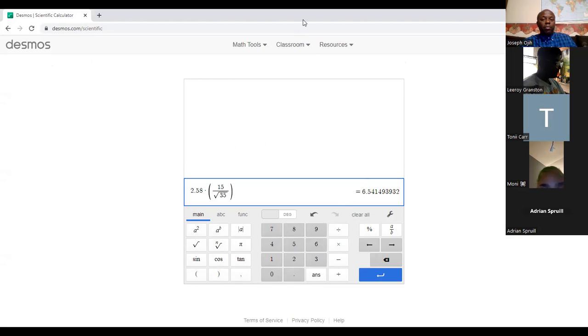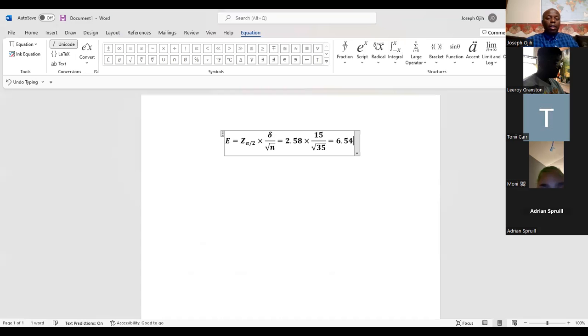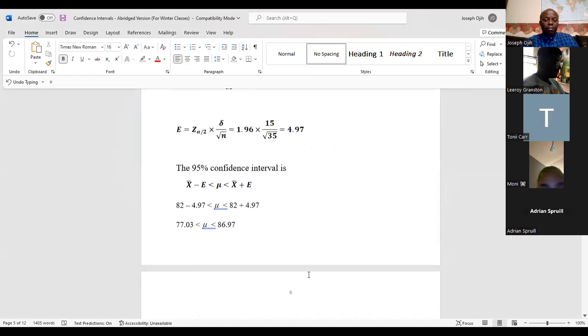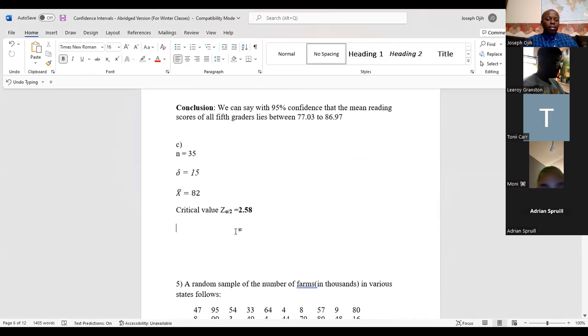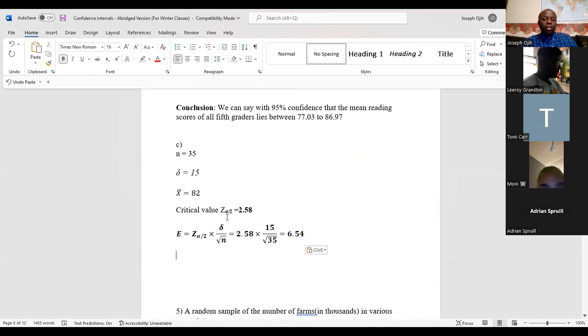So we put it in our formula, 6.54, and then we copy the whole thing into our main workbook and round up. Okay, right here, 6.54. This is for 99%.